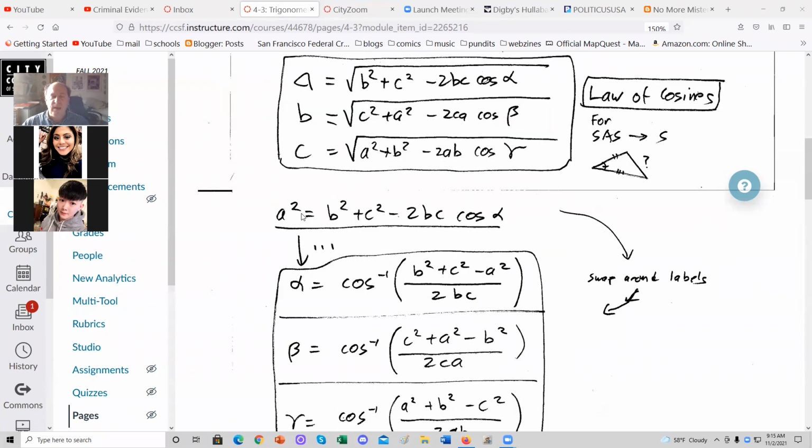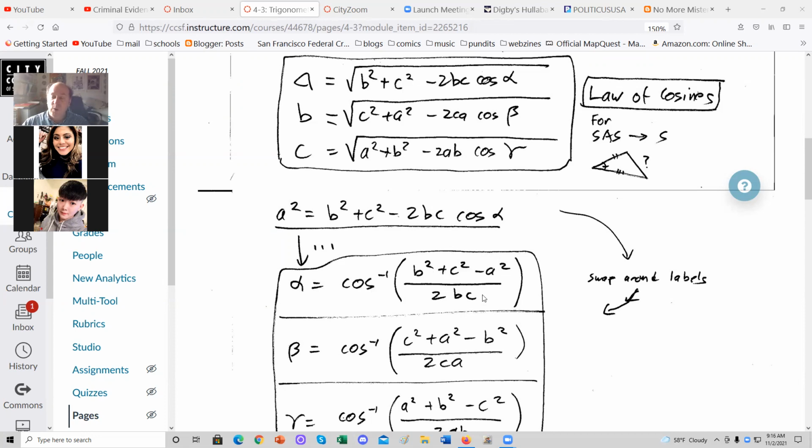We can take this, A squared equals B squared plus C squared minus 2BC cosine alpha, and solve for alpha. We transpose the B and the C. We divide by negative 2BC. We take an arc cosine, and we get alpha is arc cosine of B squared plus C squared minus A squared over 2BC.